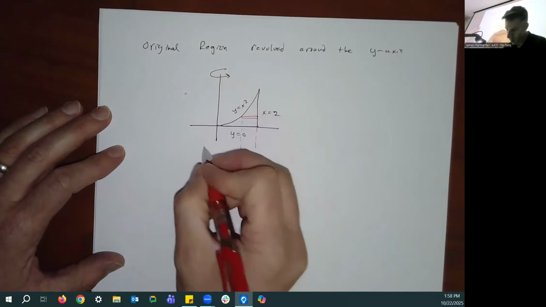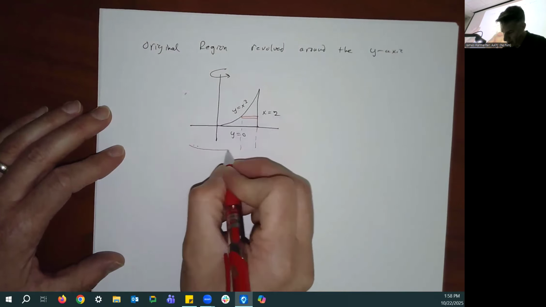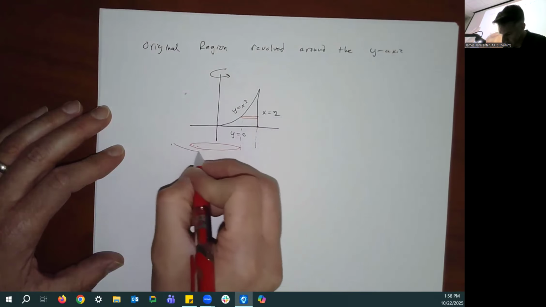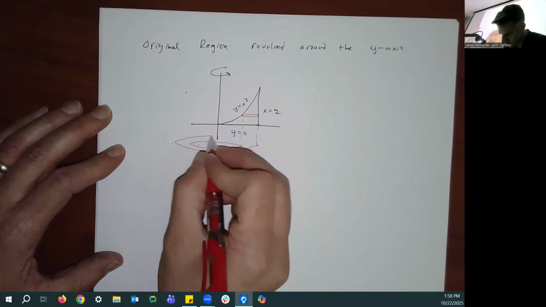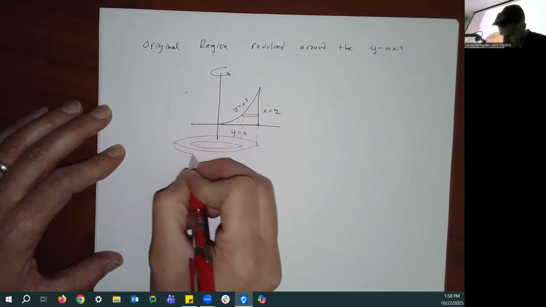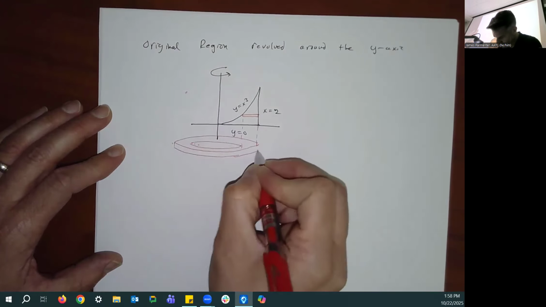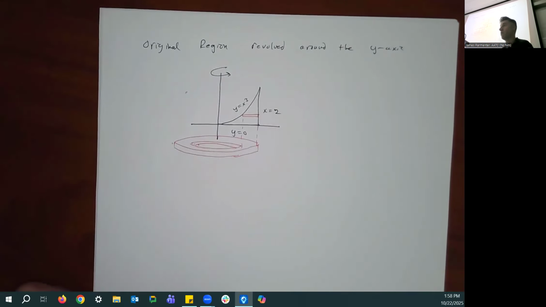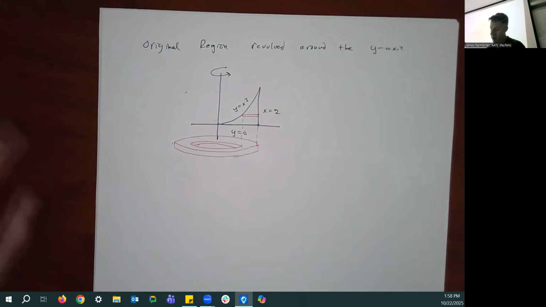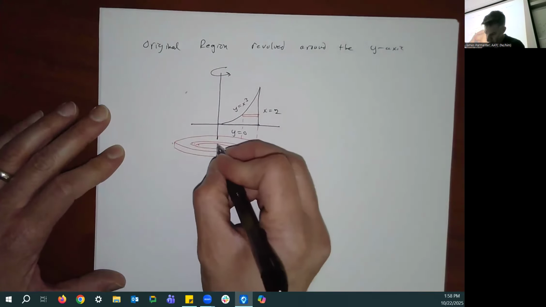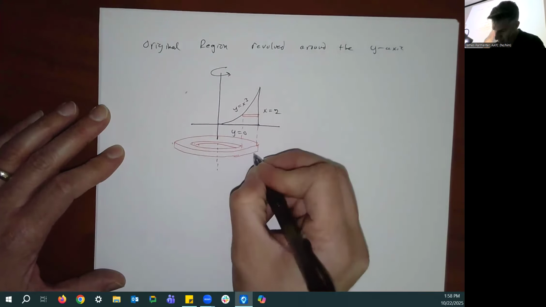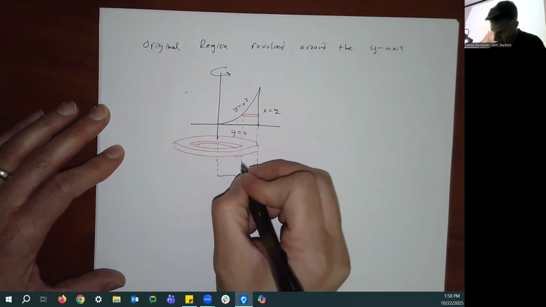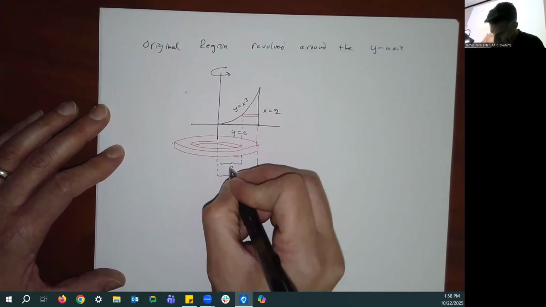Again, you probably don't have to draw this picture, but I need to draw it so you can see what I mean. So there's the washer that we're going to find the volume of. And just like last time, I have an outer radius and an inner radius.